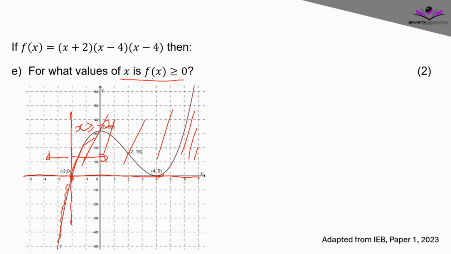When x is less than negative 2, that's what we don't want. So that's the solution there: f of x is above the x-axis when x is greater than or equal to negative 2.